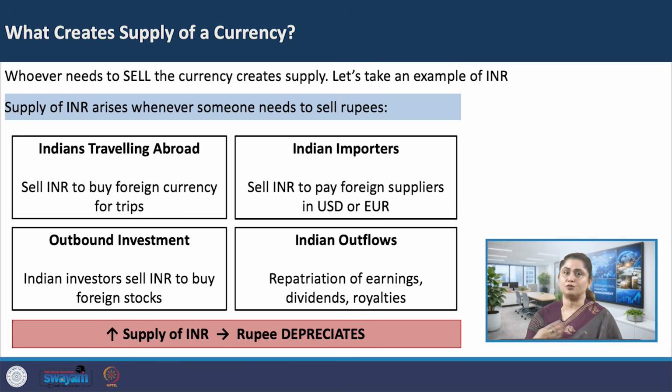Indian investors putting money into foreign stock markets sell rupees to buy foreign currency. All of these create supply of the rupee in the foreign exchange market. When supply of the rupee rises, more rupees are being offered for sale. Its value falls and the rupee depreciates.